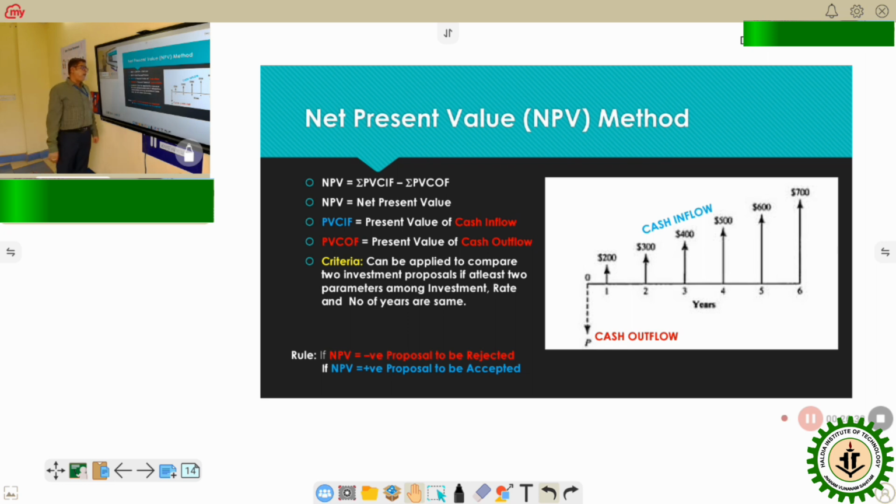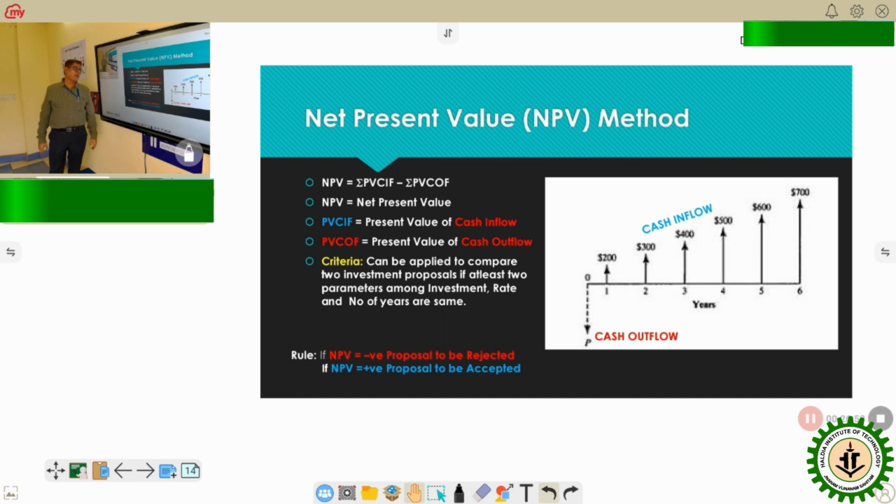So here we can apply the criteria. That means the conclusion part, what decision should be taken if this difference is positive, if this difference is negative, if this difference is 0?